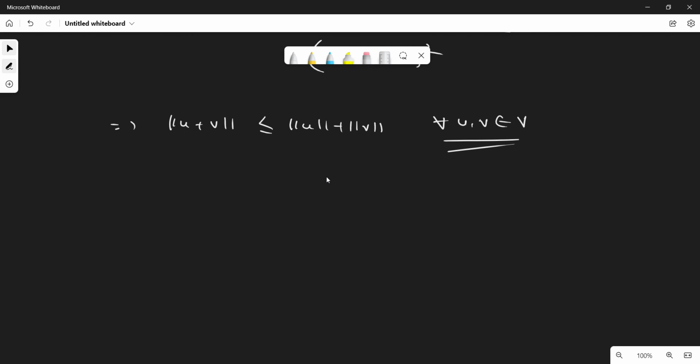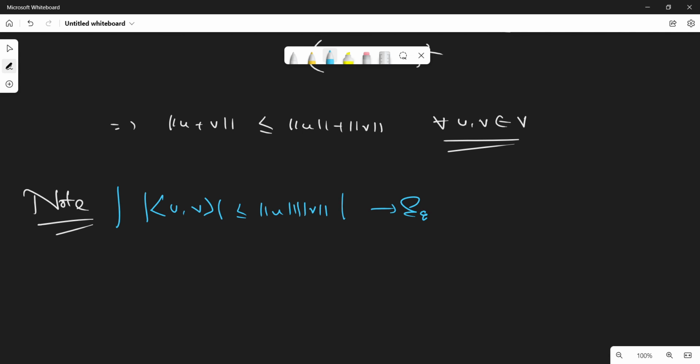One more thing, let me write it down. So note: in the Cauchy-Schwarz inequality case, where you had the mod of the inner product is less than or equal to norm of u times norm of v, equality exists if and only if u and v are linearly dependent.